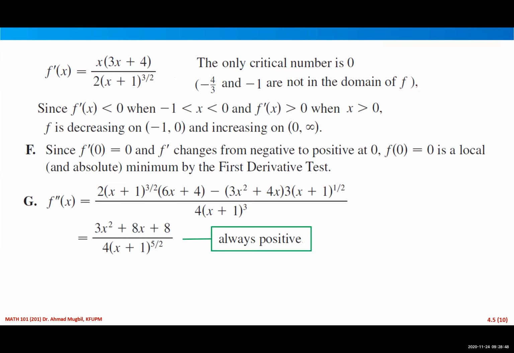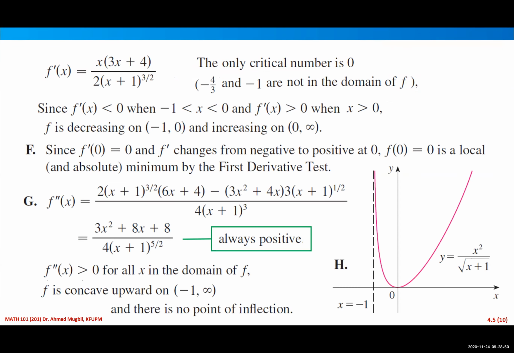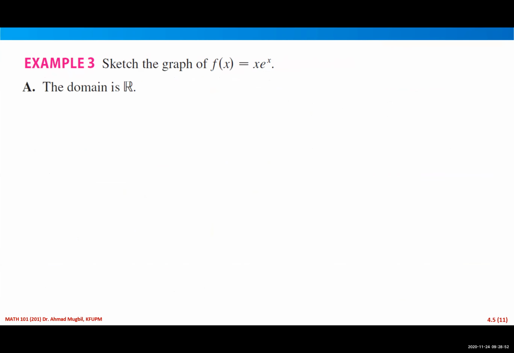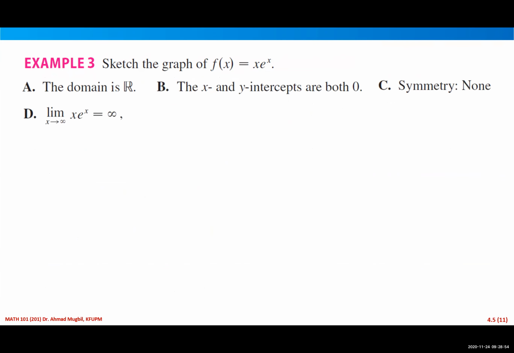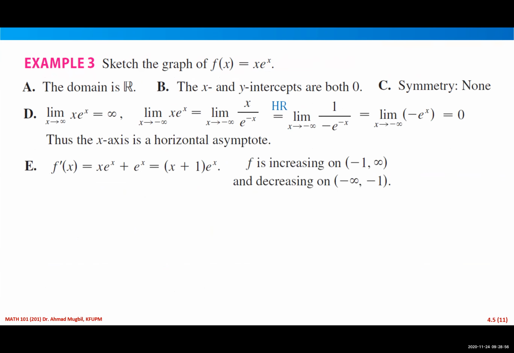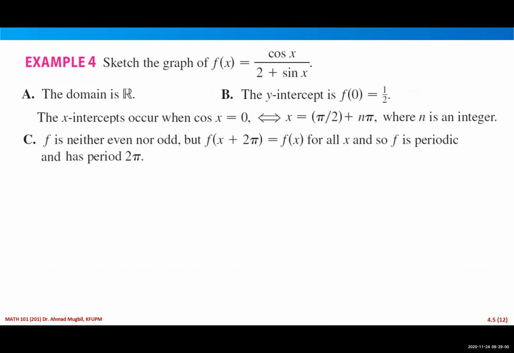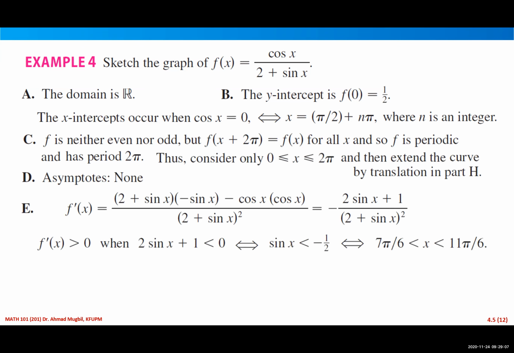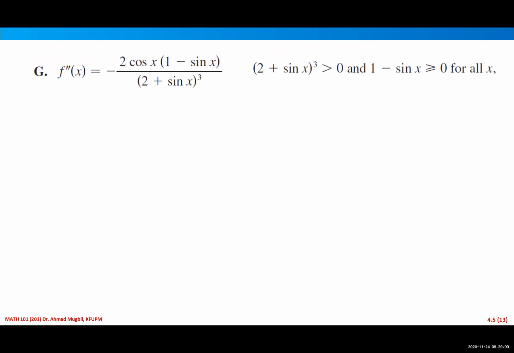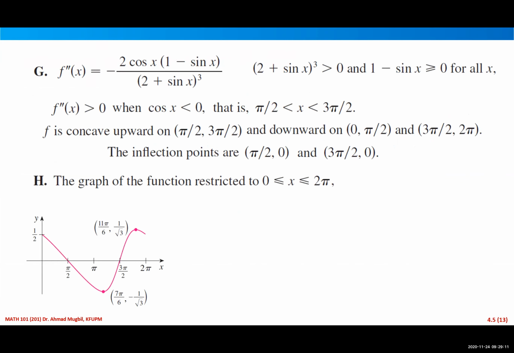But of course, there are interesting ideas that you need to know about such graphs. Also, this one, look, we have exponential functions here. This is also a rational function that contains trigonometric functions. Don't think that it will be similar to the usual graphs, unless, of course, it is.